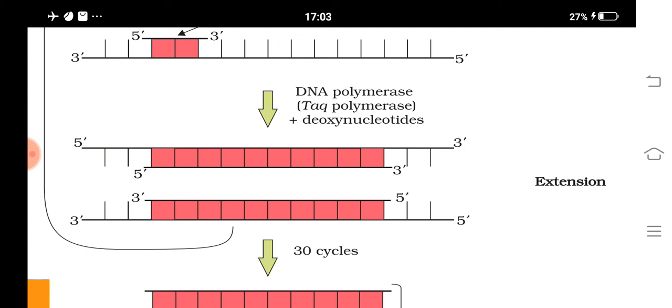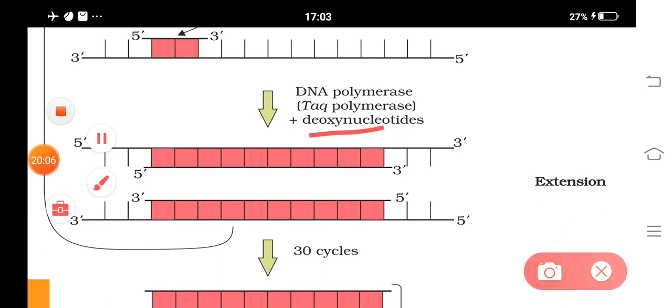Understood now? Taq polymerase is a DNA polymerase itself, and we will also add the deoxynucleotides and DNA polymerase. Which DNA polymerase are we adding? Taq polymerase.